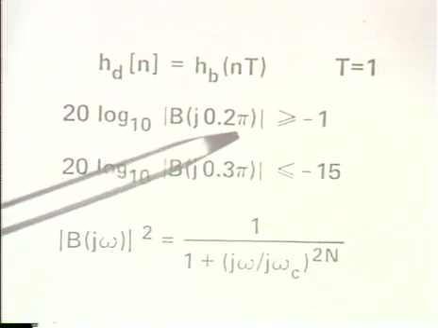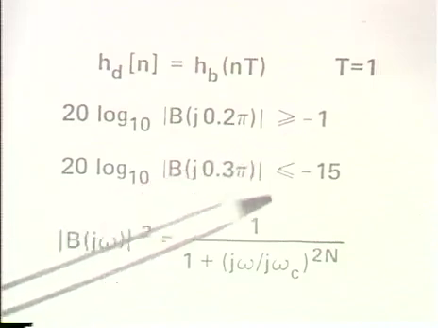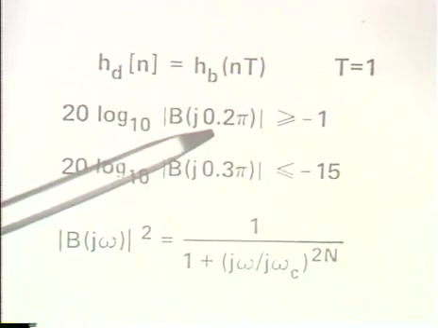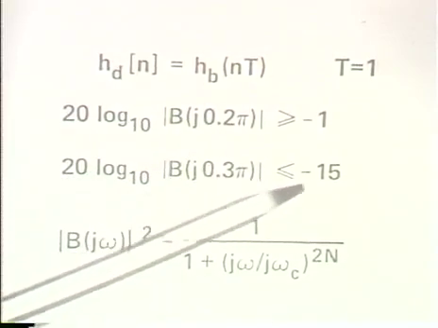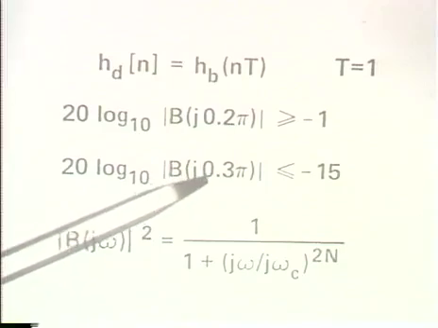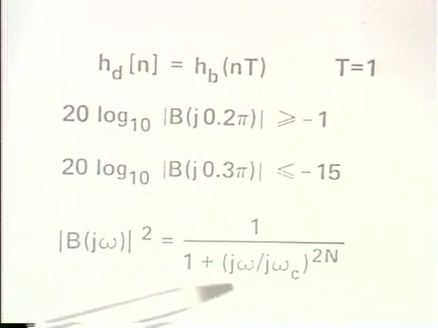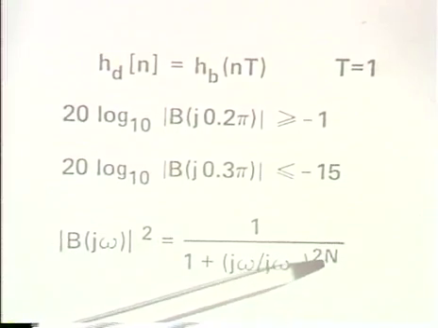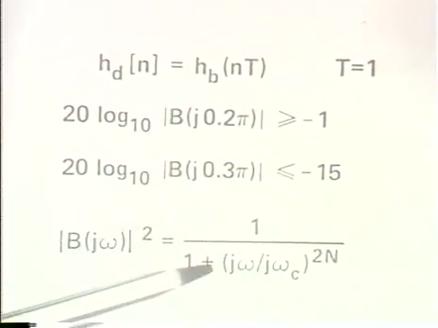The Butterworth filter should have a magnitude which is greater than or equal to -1 dB prior to the frequency 0.2 pi and less than or equal to -15 at a frequency beyond 0.3 pi. And so now what we need to do is determine capital N and omega sub c in order to meet or exceed those specifications.